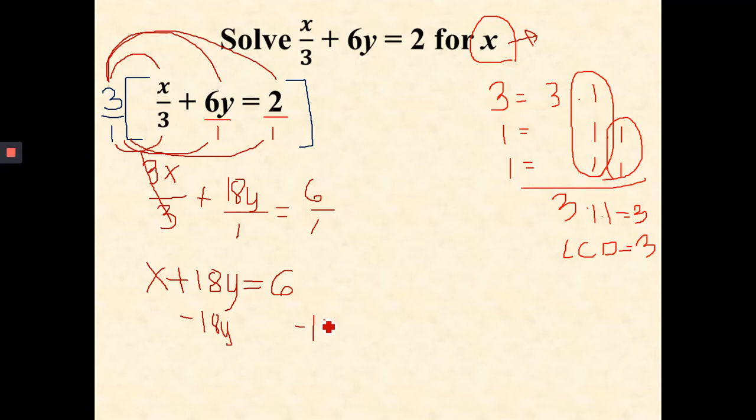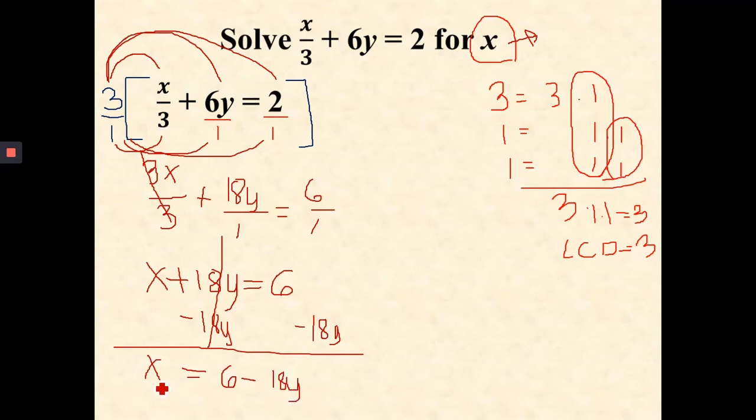So you have x here, 18 plus negative 18, that is 0, is equal to, can we subtract this? No, because they are dissimilar terms. So you're just going to copy it. 6 minus 18y.